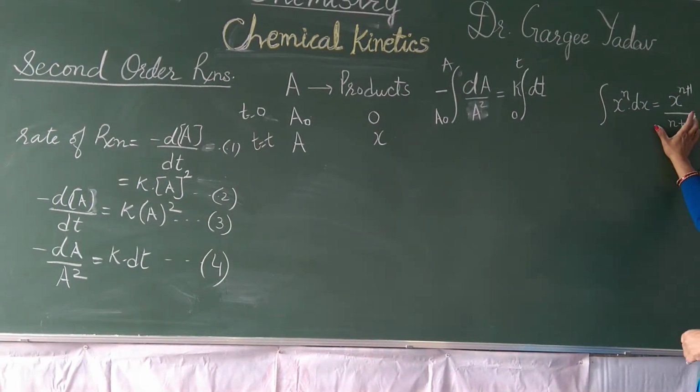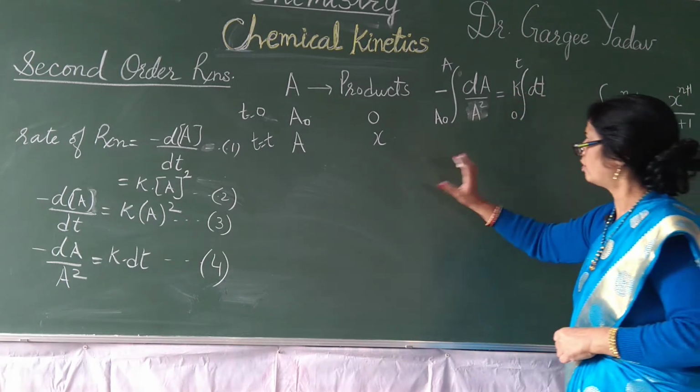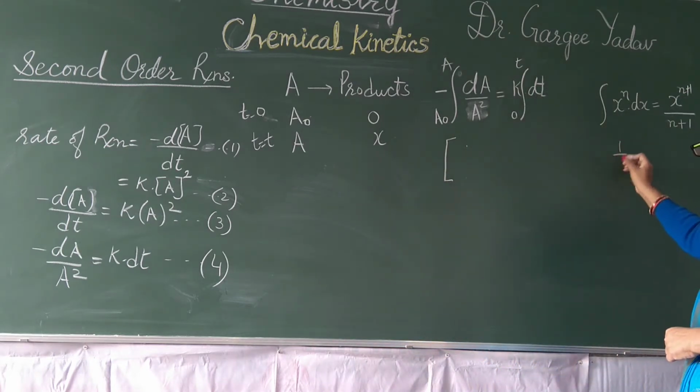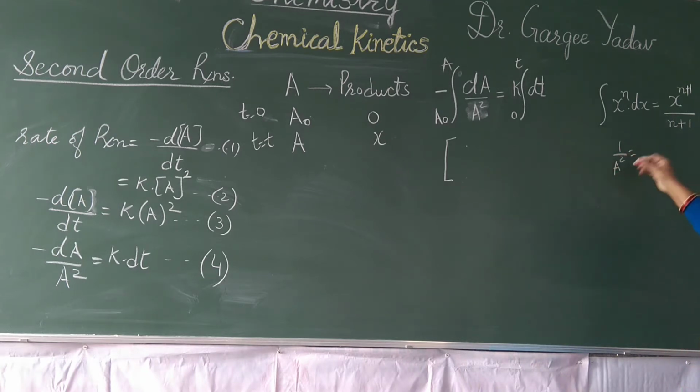We apply this solution to this problem, and what we get over here is, let me solve it here, 1 upon A square, and it can be written as A raised to the power minus 2. Now we are integrating this with respect to A. So what we get is A raised to the power n plus 1 divided by n plus 1, and here n is minus 2.